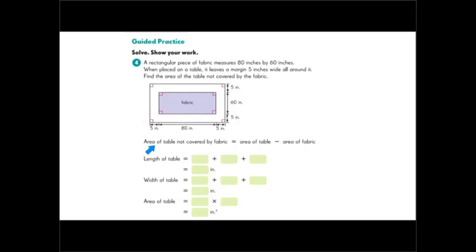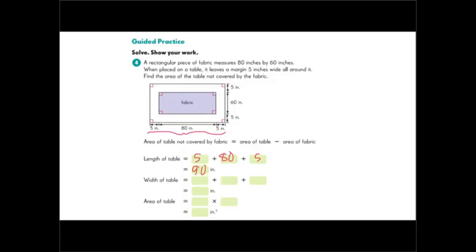So what we're going to do is the area of the table, the big rectangle, minus the area of the fabric. What is the area of the table? The length of the table is 5 plus 80 plus 5, or 90 inches.